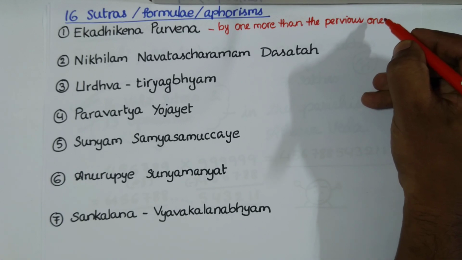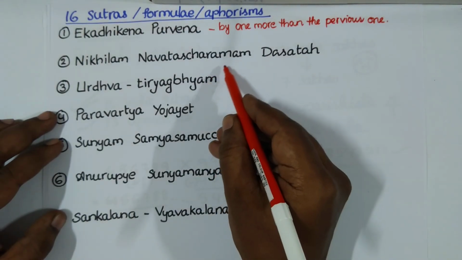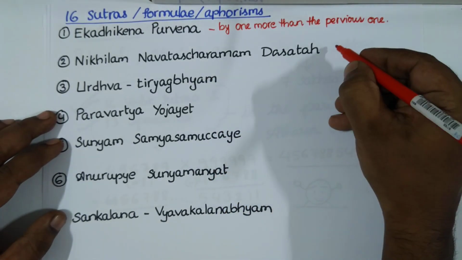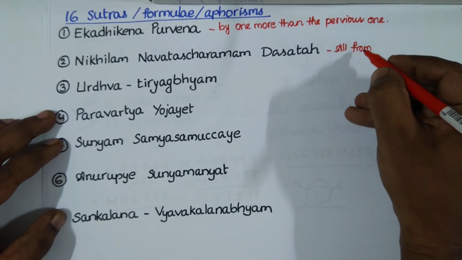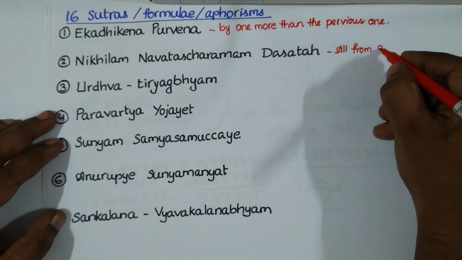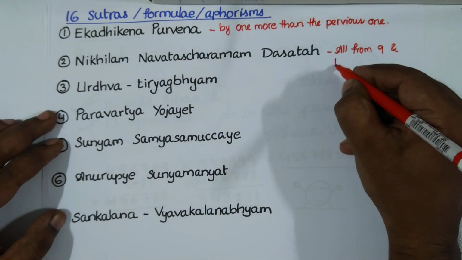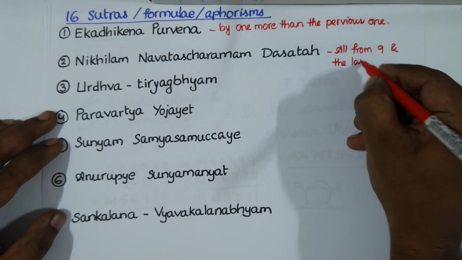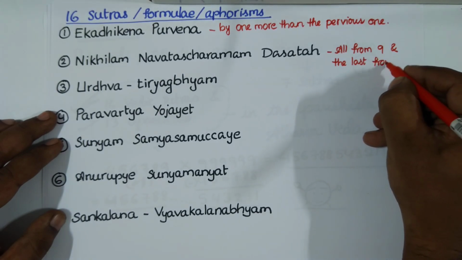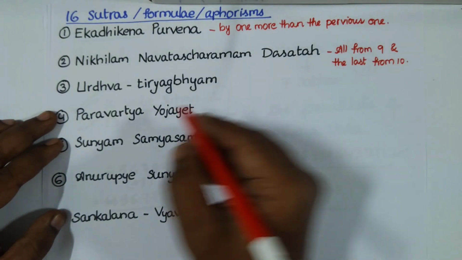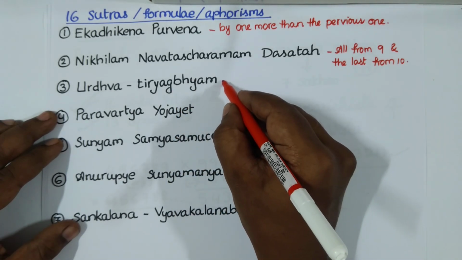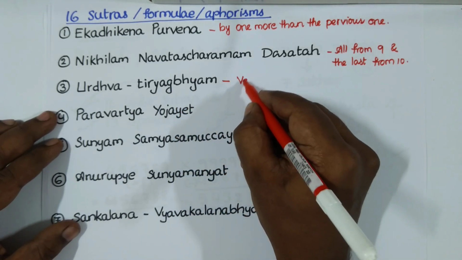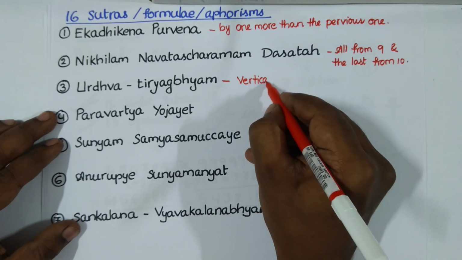Now Nikilam Navatascharamam Dasataha means all from 9 and the last from 10. And Urdhva Tiryakbhyam means vertically and crosswise.